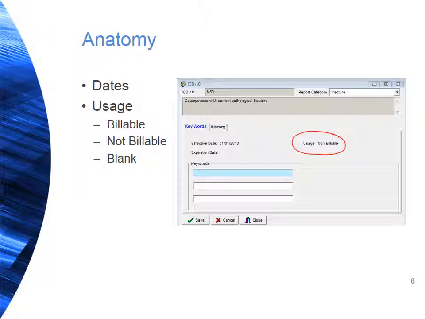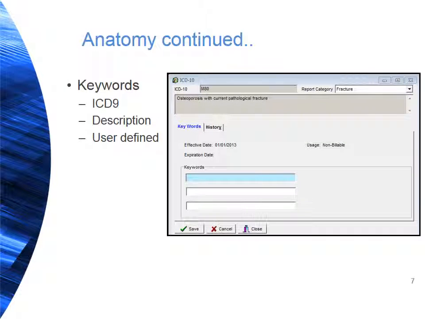or generating electronic claims. The bottom portion of the screen displays an area for keywords. Since the description field is not editable, users can customize and create alternate keywords for searching to quickly locate an ICD-10 code.